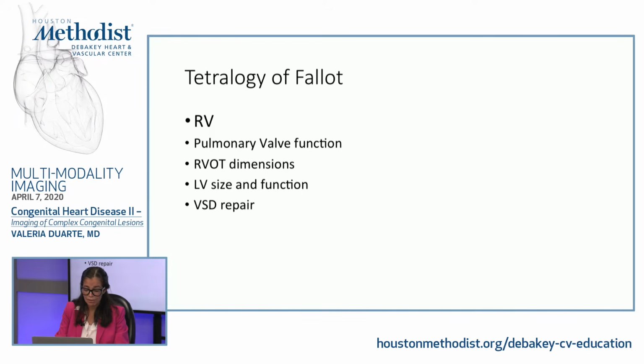The other thing, very important to keep in mind, is the pulmonary valve function for the reasons we discussed. Some patients may have pulmonary stenosis, but pulmonary regurgitation is by far the most frequent issue that we find, and we need to assess for severity and also for its impact on the RV dimensions.